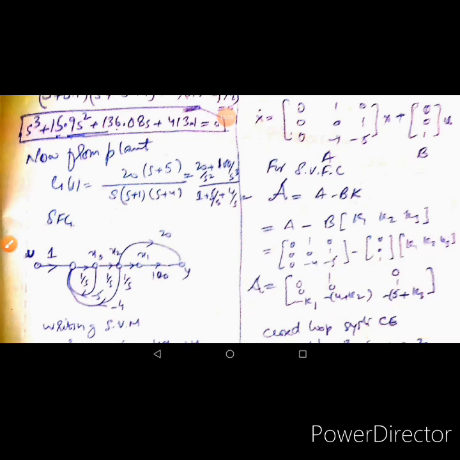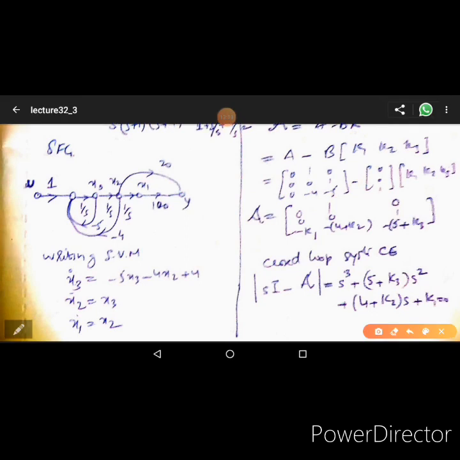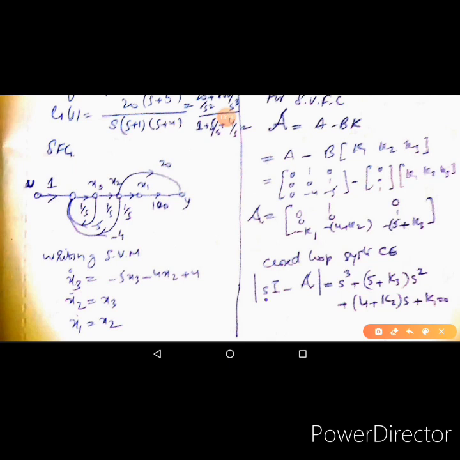Now what we do next is make the required closed loop system characteristic equation, which can be obtained by using sI minus A, but here we are using the calligraphic A, the new A. The determinant of sI minus A will give us the denominator of the new system's transfer function, that is, the characteristic polynomial.